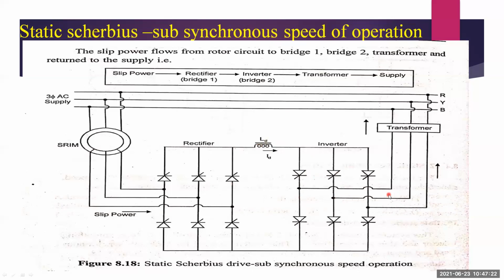The inverter output is 50 Hz, and by using the transformer the voltage can be matched to the supply system, stepping up or stepping down according to the line voltage.